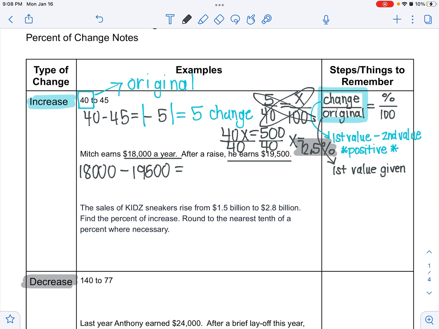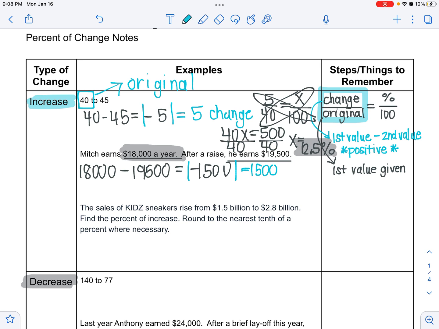And that's going to give us a change of -1,500. But remember, we're finding its absolute value because it has to be a positive. So 1,500 is your change. The original is always the first number we see listed, or the first value, so $18,000 a year.